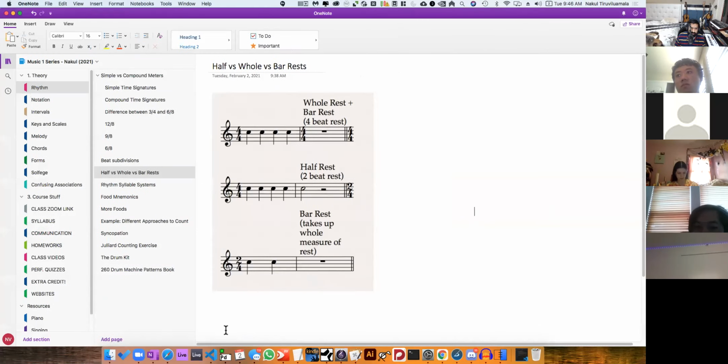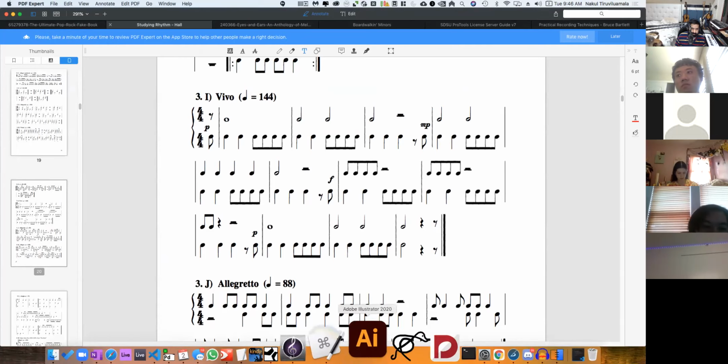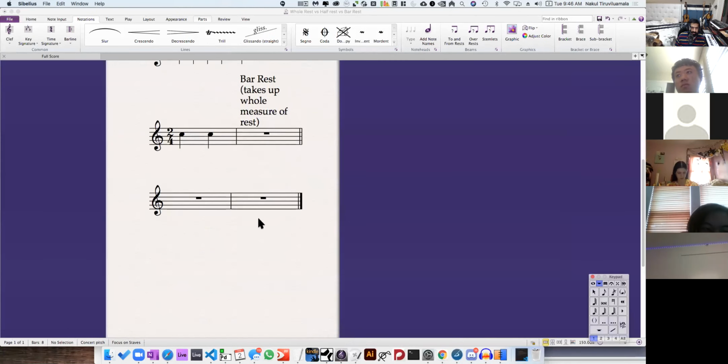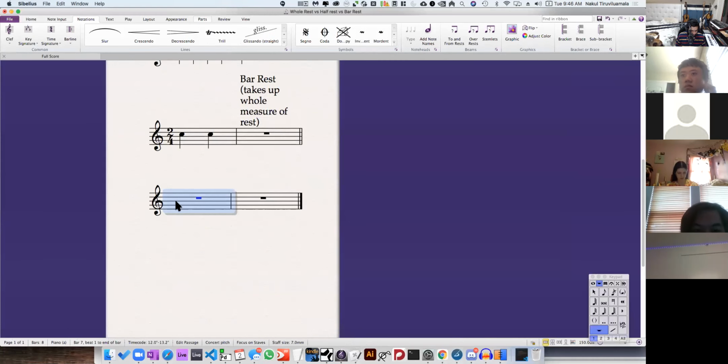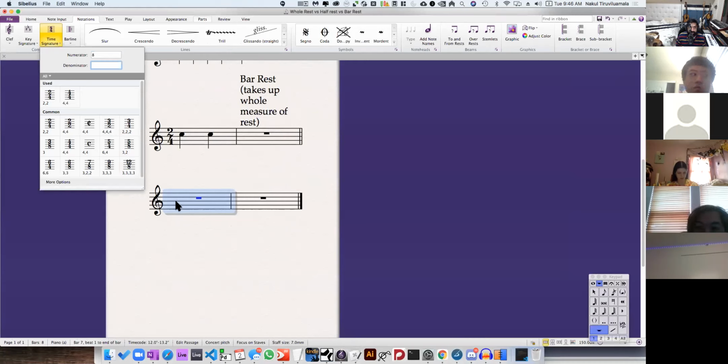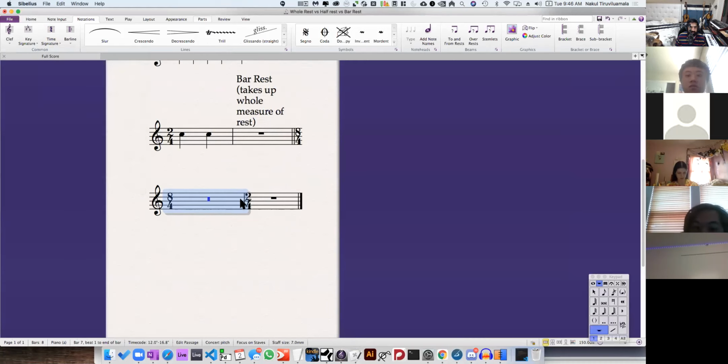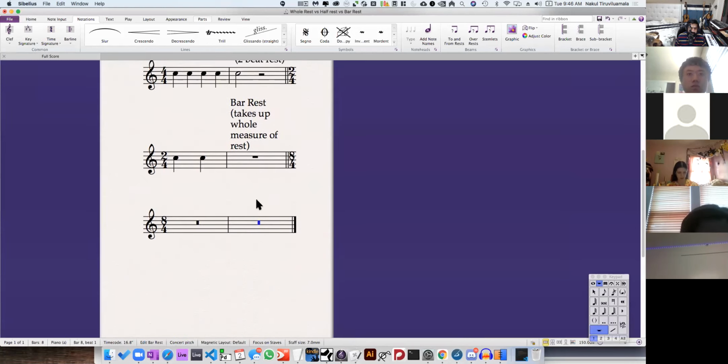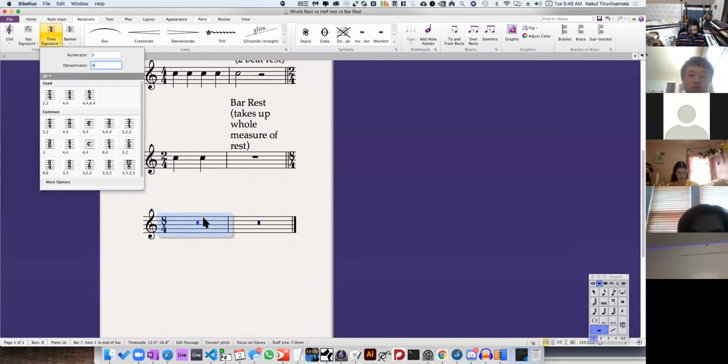Let's take a look at another example, just to see what my notation software will do when I make a measure of 8/4. It's funny, it ranges in terms of what it does.